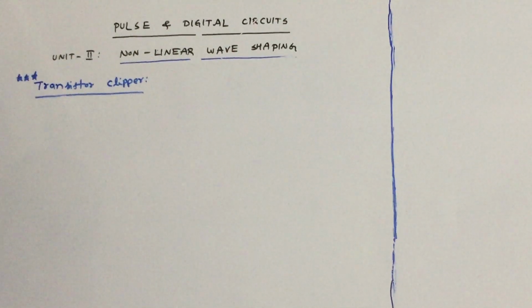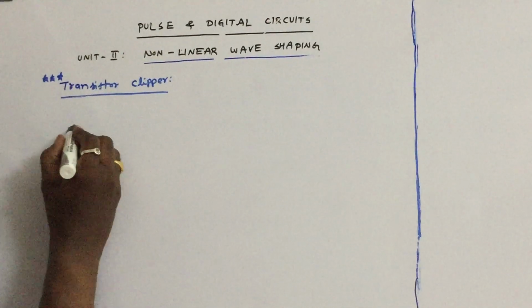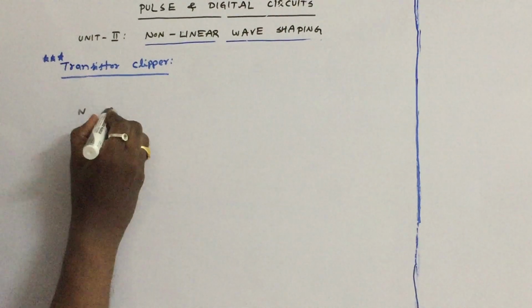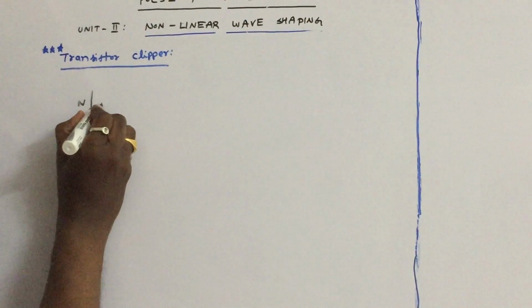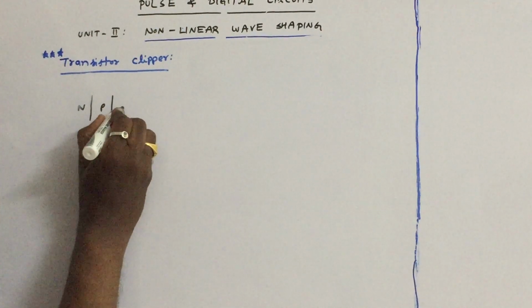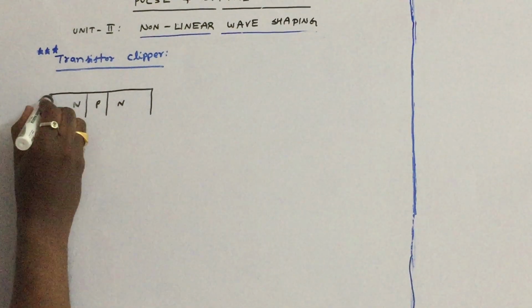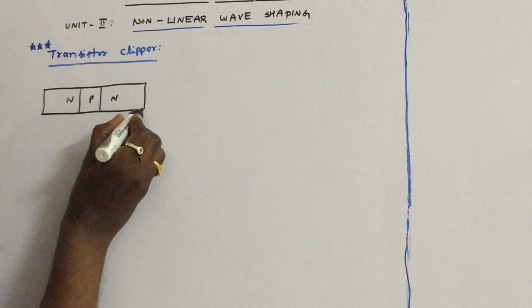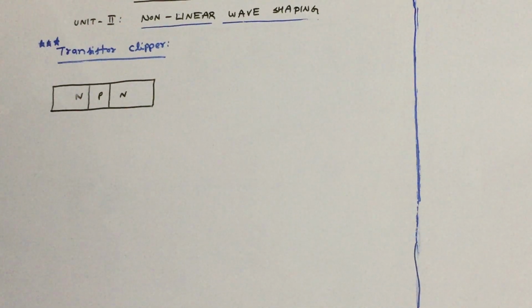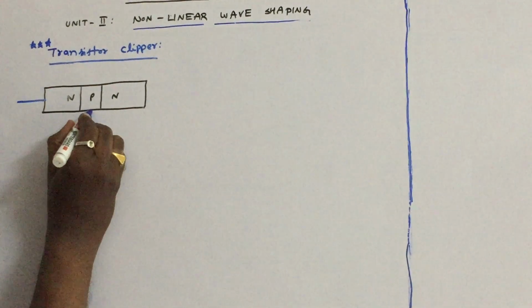Now let us take, for example, an NPN transistor, like this. I am taking an NPN transistor.